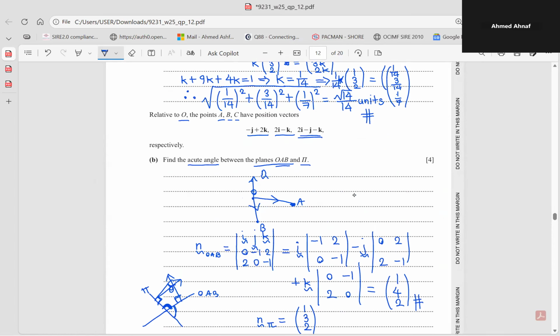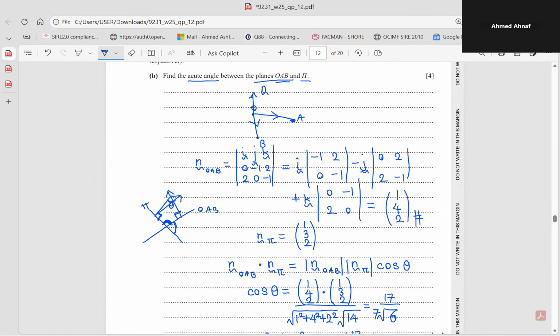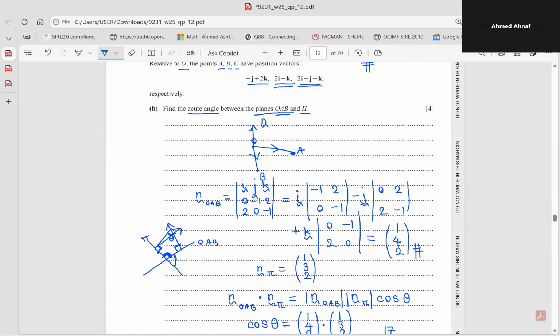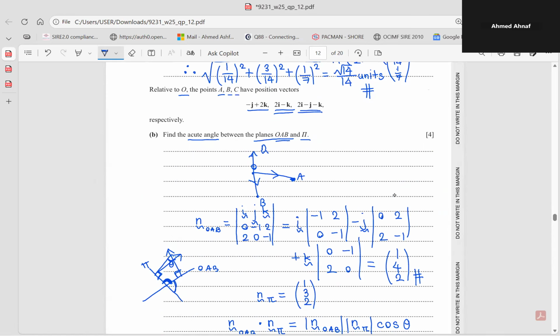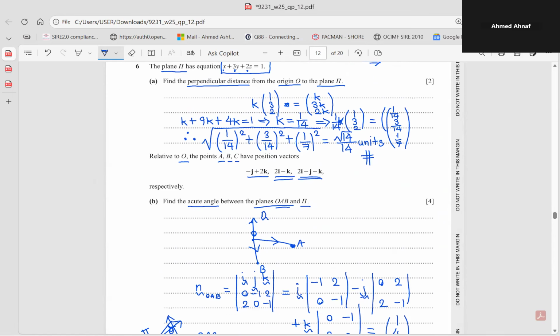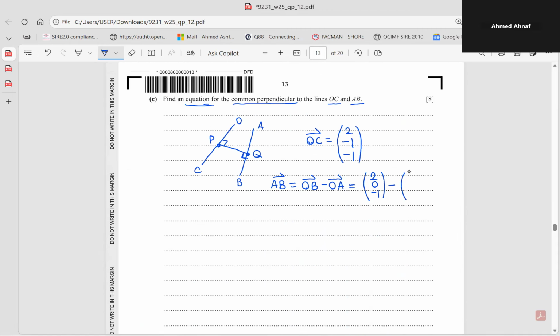OB is 2i minus k, so (2, 0, -1), and then minus OA. OA, I believe, is 0i minus j plus 2k, so (0, -1, 2).